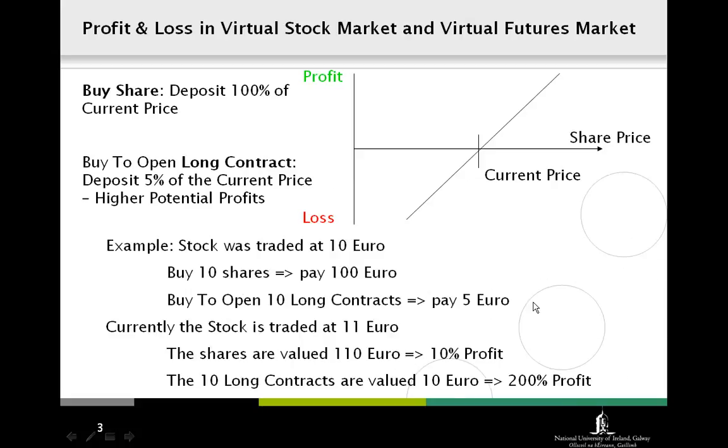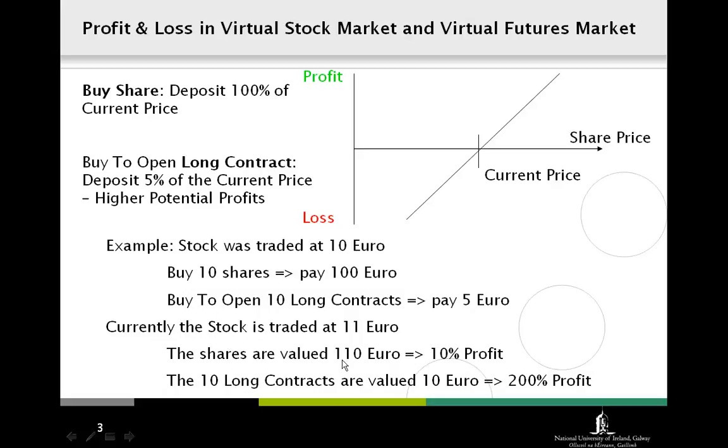Here's an example. Let's say that the stock was traded at €10, and at that time we buy 10 shares and we pay €100. In the virtual futures market, we buy to open 10 long contracts and we pay only €5. Now let's say that the stock is traded at €11.